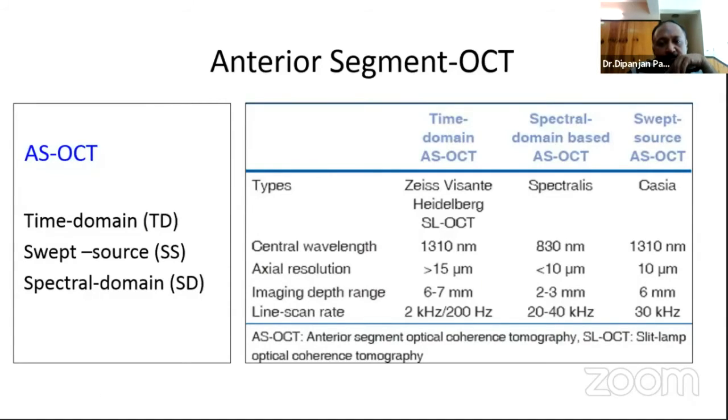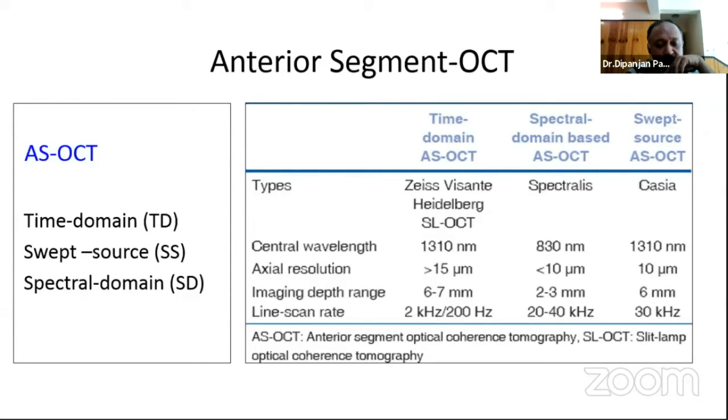And when we go through the different ages of anterior segment OCT, from time domain to spectral domain to the now available swept source OCTs, the scan speed has increased from 200 per second to 20,000 per second. But we need to remember the basic thing that when the wavelength is shorter, there may be better resolution but lower scan depth.